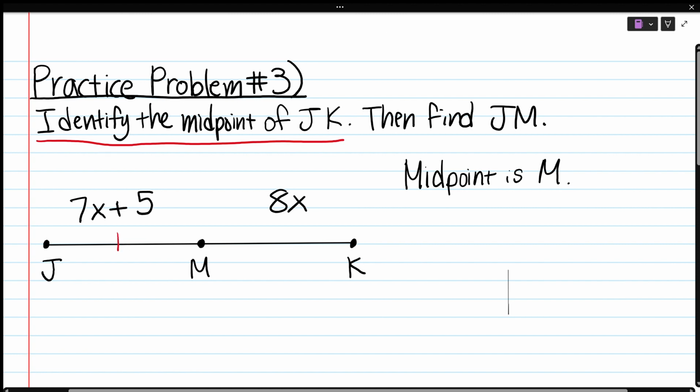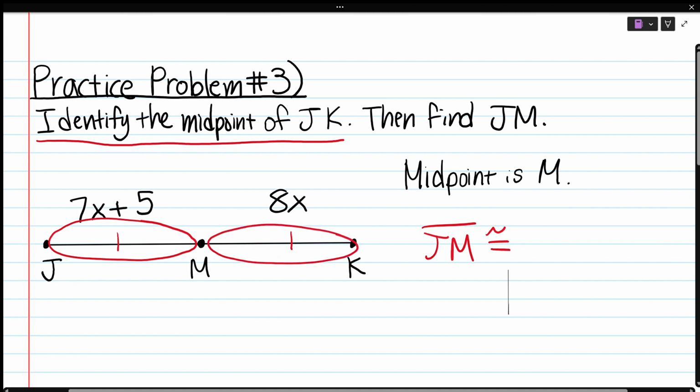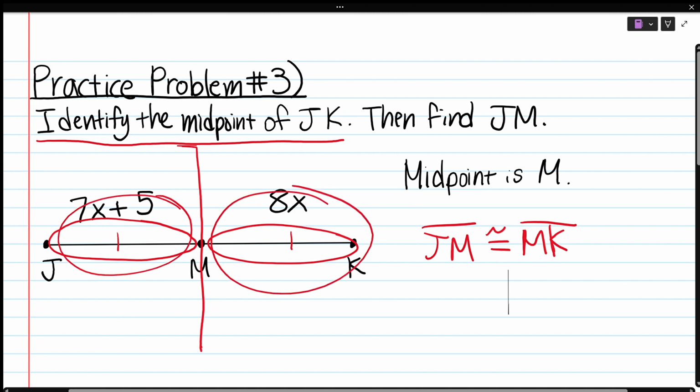This red line and this red line mean that this part of the line, JM, is congruent to this part of the line, MK. They are exactly the same, right? If M was the midpoint, it would cut the line in half, and JM would be exactly the same as MK. So yeah, there you go.